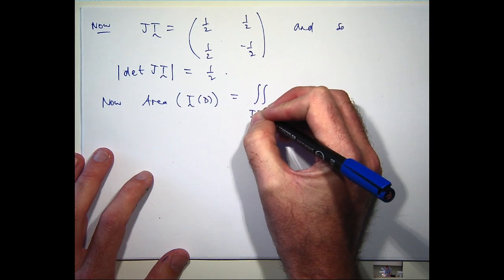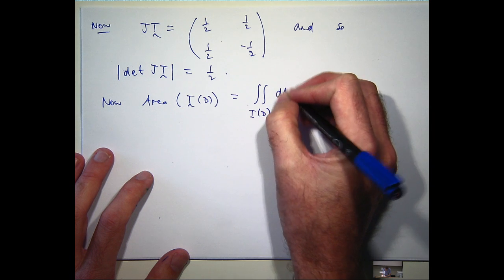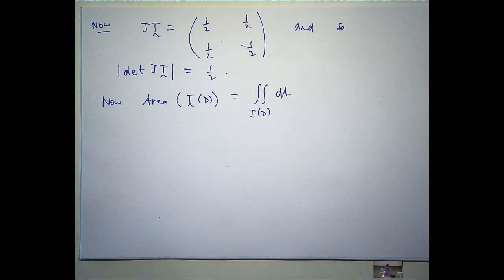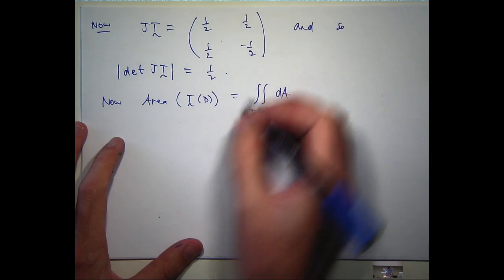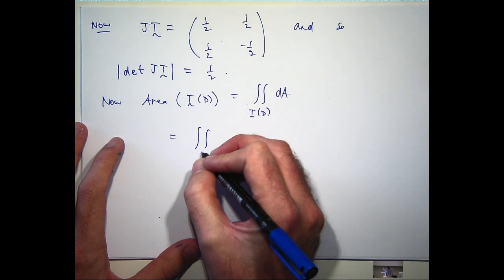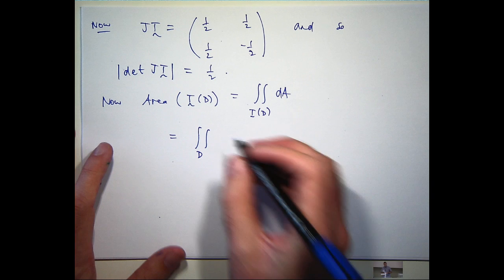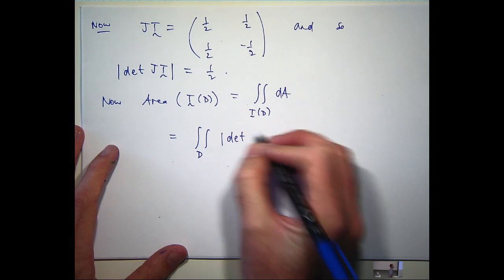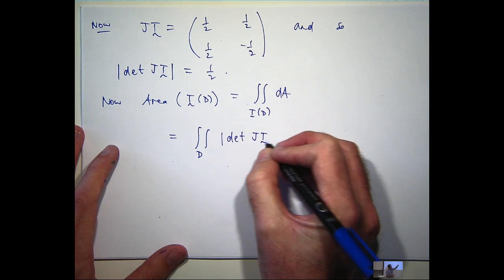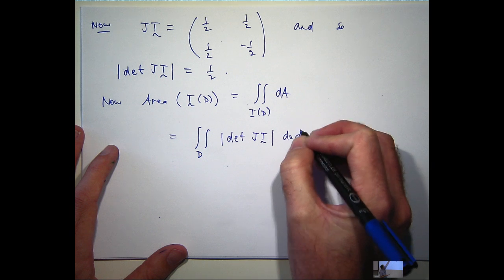We know this from one of the basic properties of double integrals. Now under the change of variables, I can change this to this and replace the 1 in here with this and integrate.